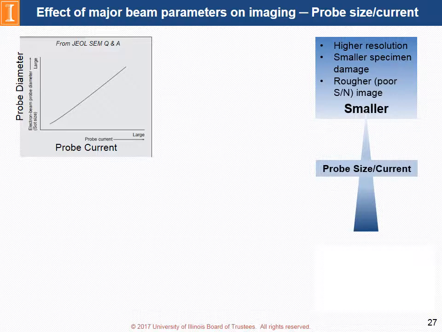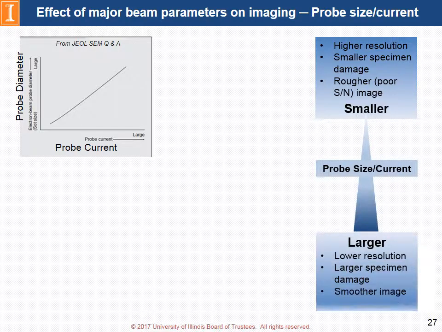We will have smaller specimen damage, but the image will appear rougher due to a poor signal-to-noise ratio. When the probe size or current gets bigger, we will get a lower resolution image as a result of a bigger interaction volume. We will have larger specimen damage, but the image will appear smoother owing to a higher signal-to-noise ratio.